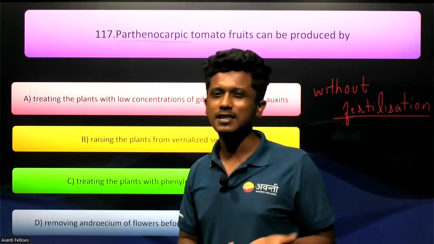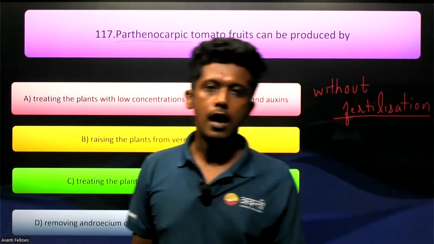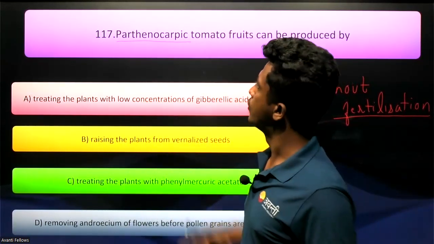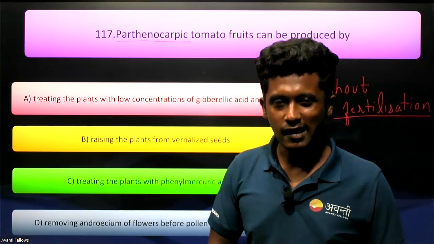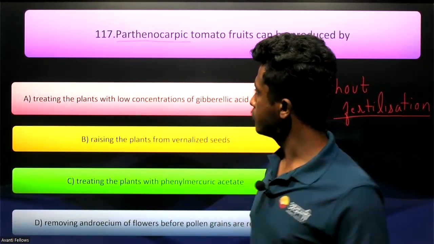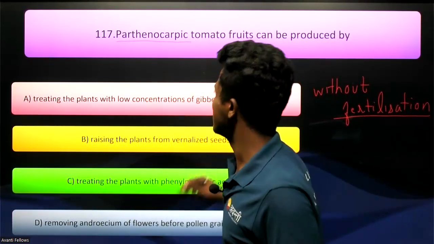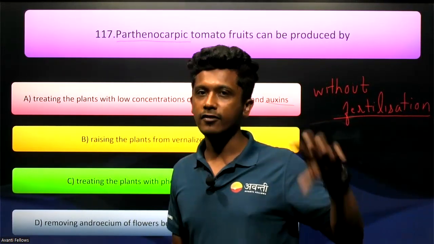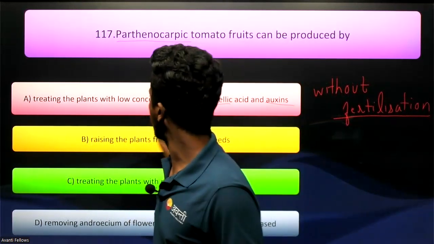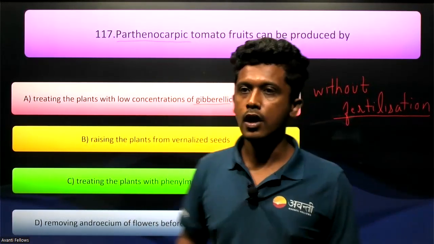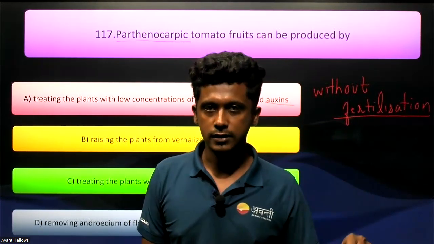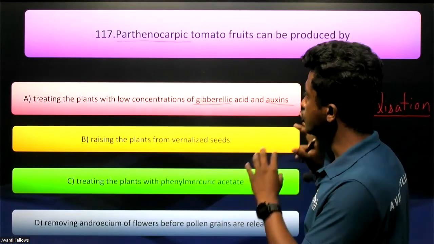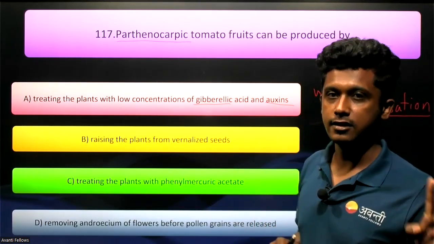Usually parthenocarpy can be induced artificially as well as naturally. How does it occur? The most common factors that affect it are the concentration of gibberellic acid and auxin. Whenever we treat the plant with low concentration of gibberellic acid and auxins, that will induce parthenocarpy. This should be done in an unfertilized flower.